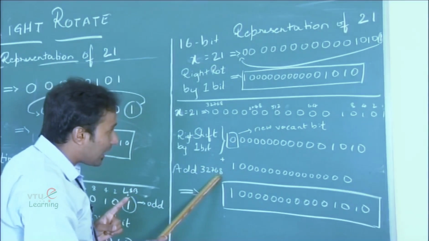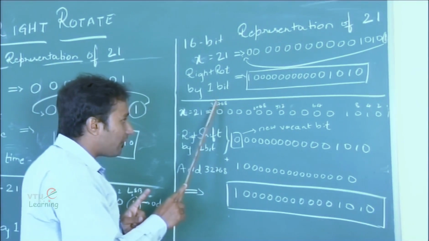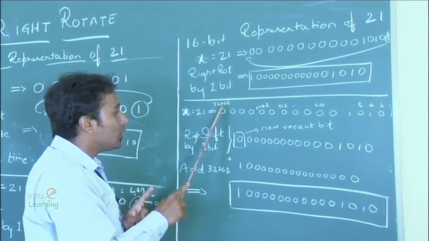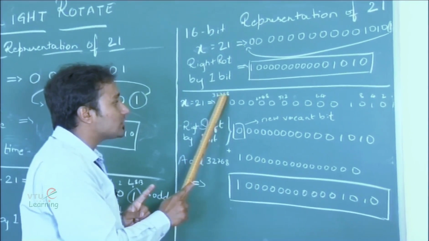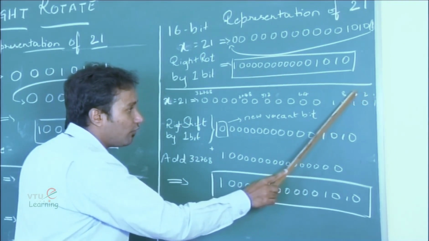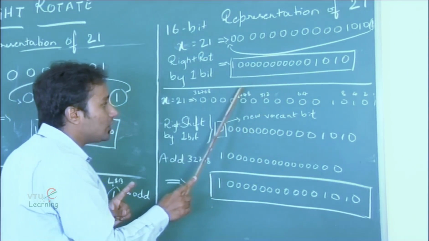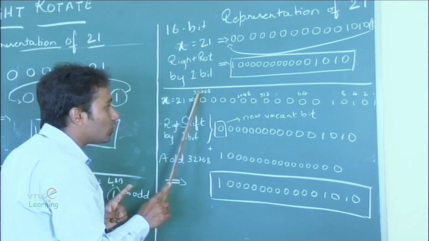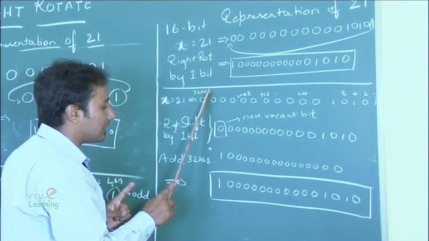Next, what happens? We need to add the value of the MSB. Here the value of MSB is 2 to the power of 15, which is equal to 32768. As we can see, this is 1, 2, 4, 8, etc., 64, 512, 2048, and this 2 to the power of 15 is nothing but 32768.